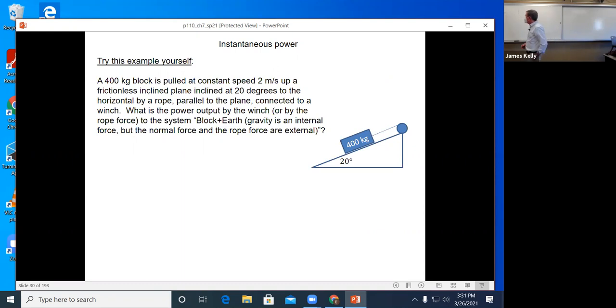So let's do an example, and I've probably been clicking too much, so let's unshare the screen and do it at the board. But let me put it back up for the sake of me. So we've got a 400 kilogram block pulled at constant speed of 2 meters per second up a frictionless 20-degree incline plane.